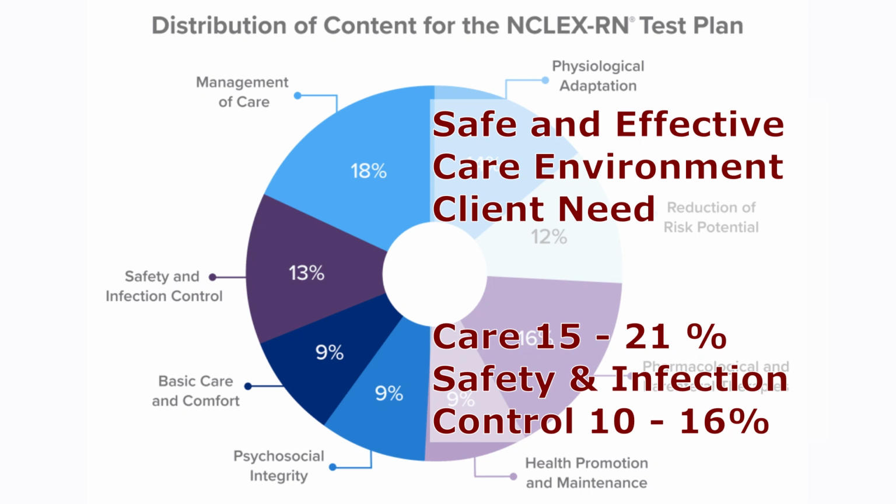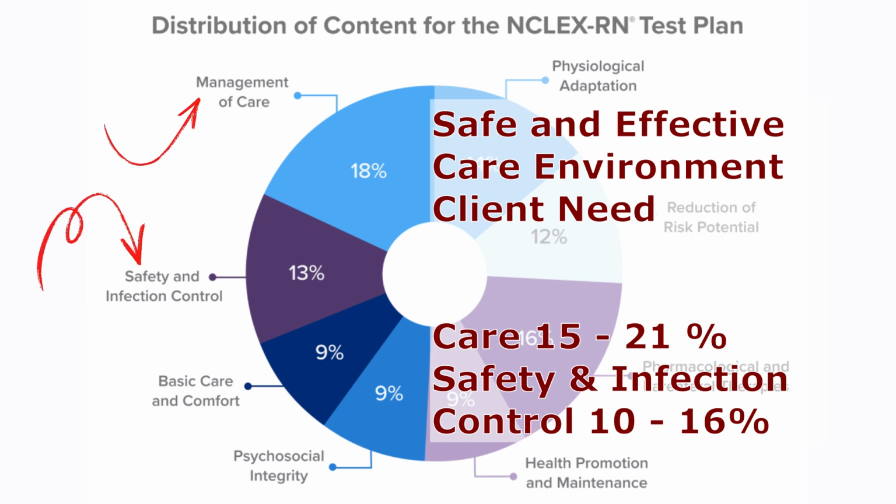Now, the management of care part, as far as the client needs goes, makes up 15 to 21% of the NCLEX. And the safety and infection control portion, client needs wise, makes up 10 to 16%.